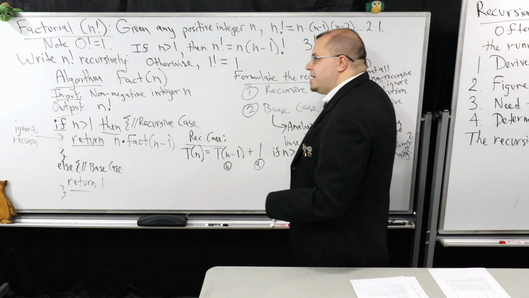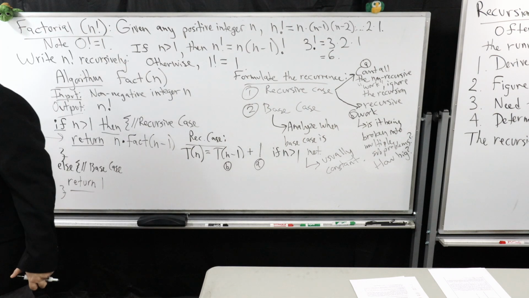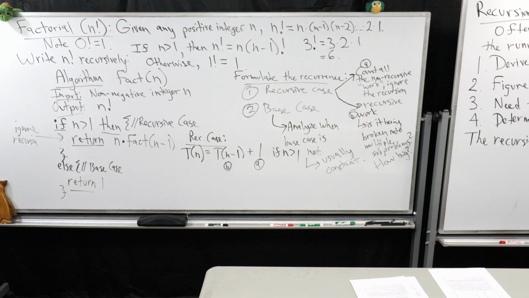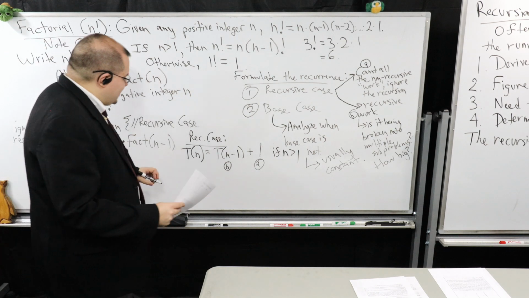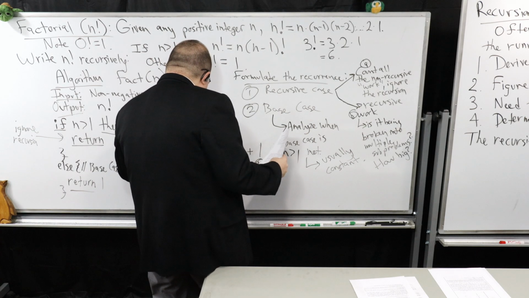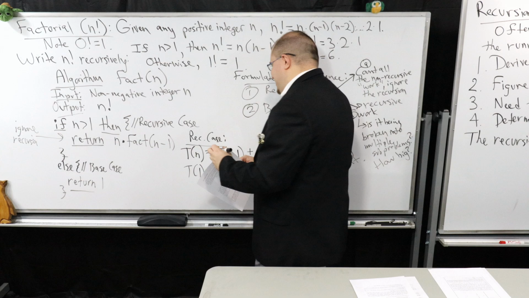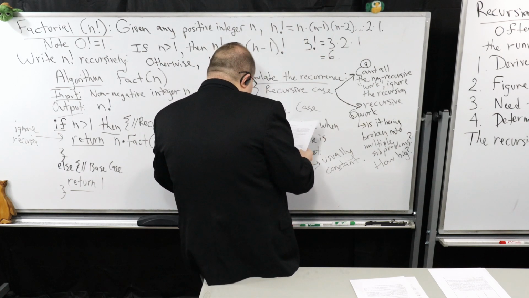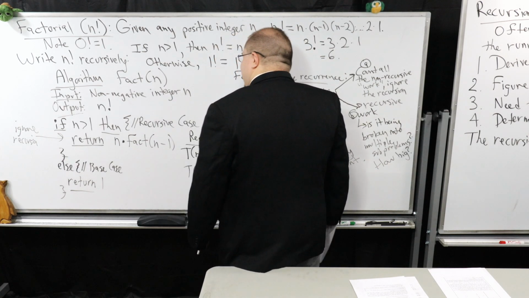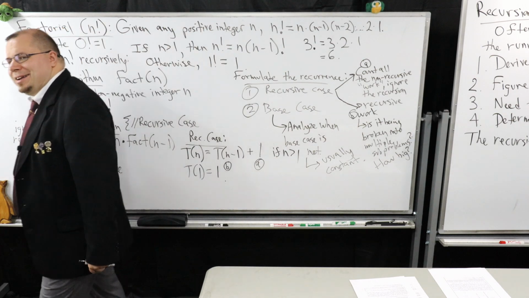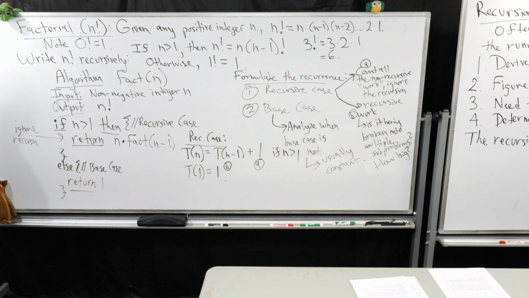What happens when n is equal to 1? Somebody quickly tell me. How many operations happen? It takes, yeah, just 1. So I'm just going to write that as a 1. Like I said, if you want to get fancy with this, you could also write it as some constant d or whatever.